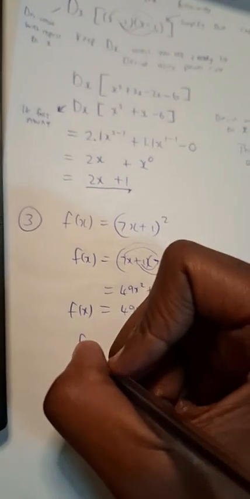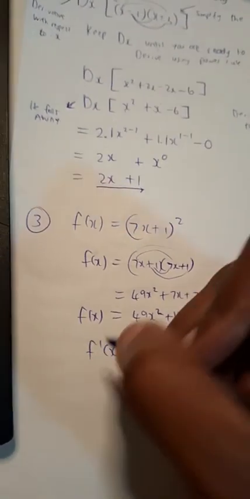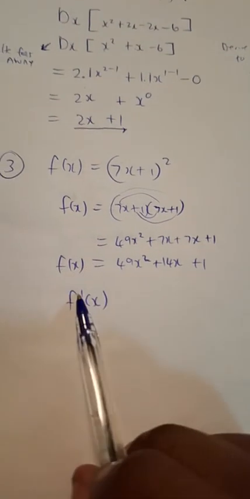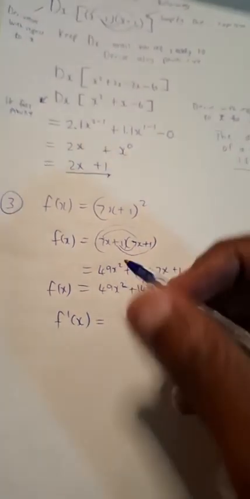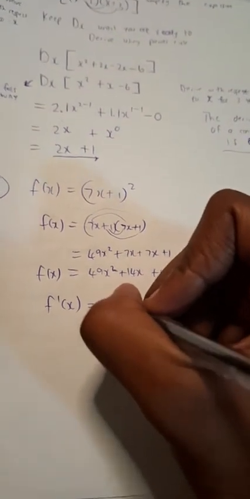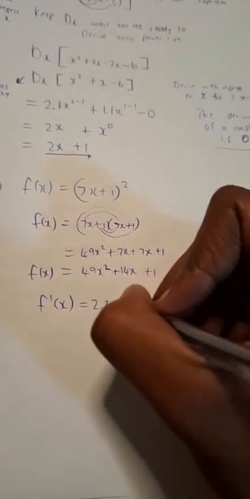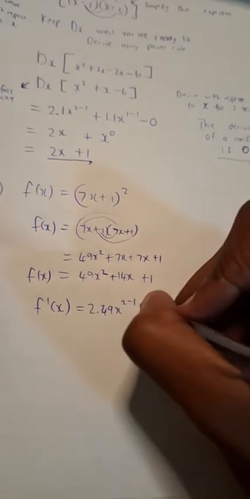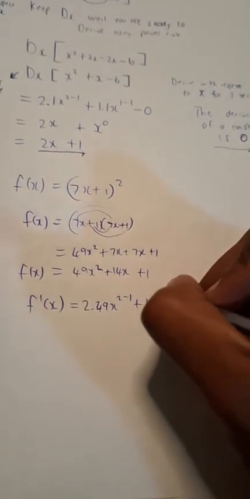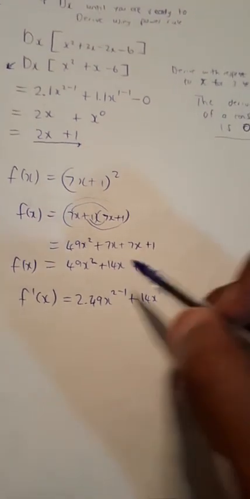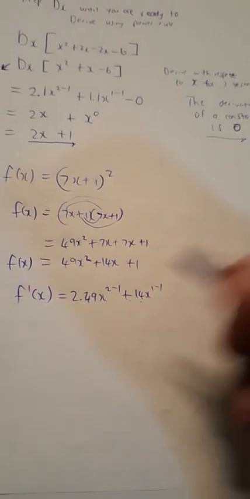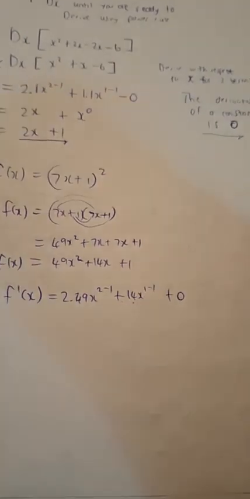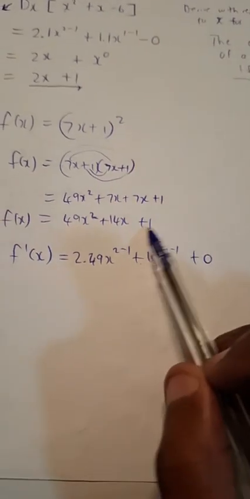Now we are ready to derive. With this, we write f prime of x when we are ready to derive. Then we do the deriving: 2 times 49 times x to the power 2 minus 1, plus 14 times x to the power 1 minus 1, where 1 times 14 is 14, plus 0, because the derivative of a constant is 0.